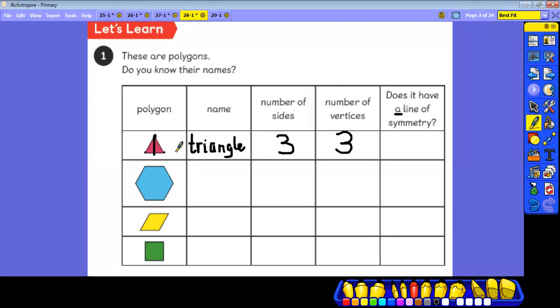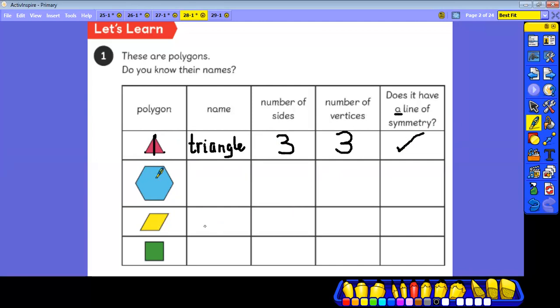And remember, if I was to cut it out and fold it on that line, both sides would be identical. They would overlap perfectly. If I put a mirror on that line, each side would look exactly the same. So I have got a line of symmetry. I've probably got more than one. Can you spot any more in that triangle?